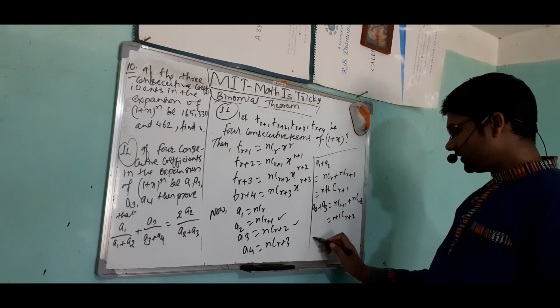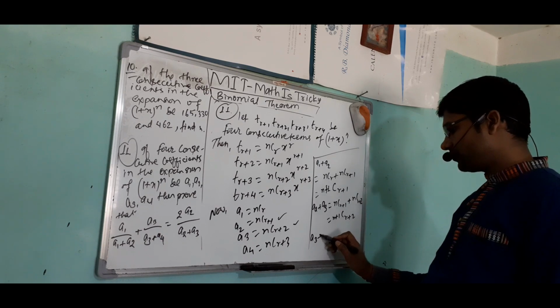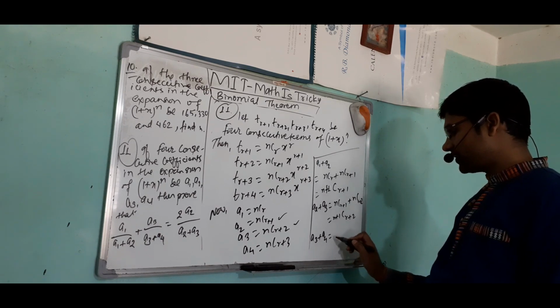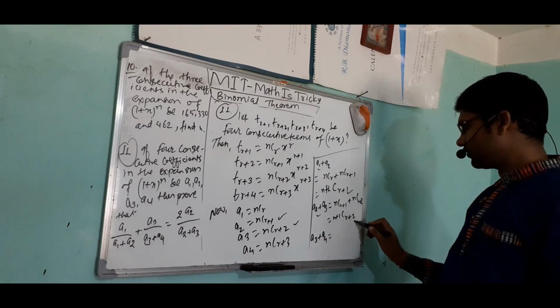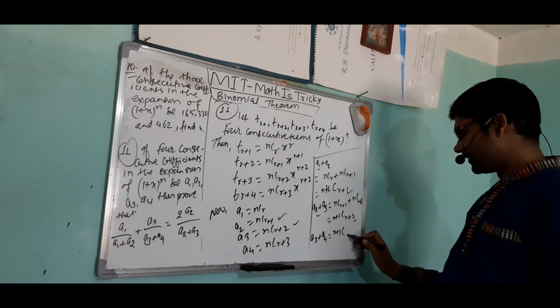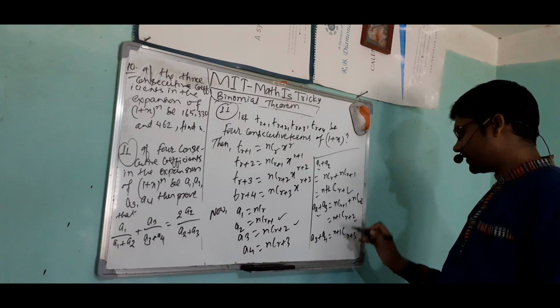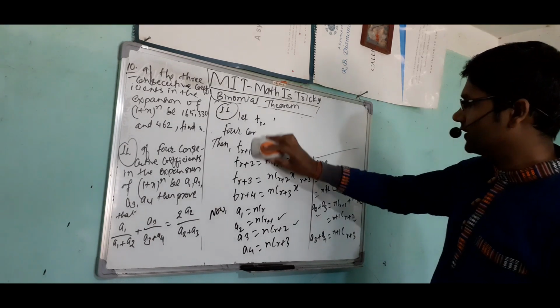So a3 plus a4 will be how much? Simply, here 1 then 1 and here 2 then 2, so 3 then 3 will be there: (n plus 1)C(r plus 3). Now simplify this further to get the answer.